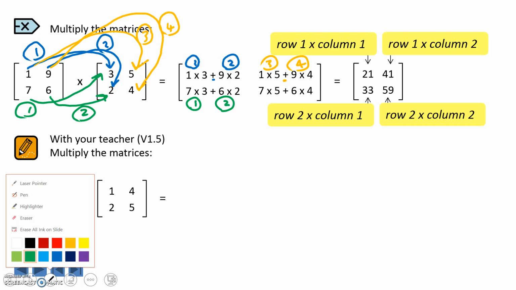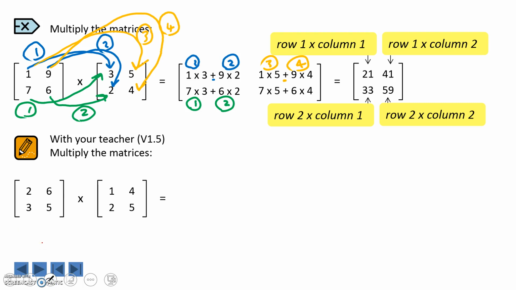And then for our very last element, we do exactly the same thing with this row, but now with our second column. So it becomes 7 times 5 plus 6 times 4.